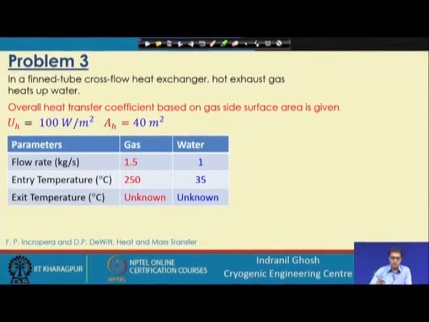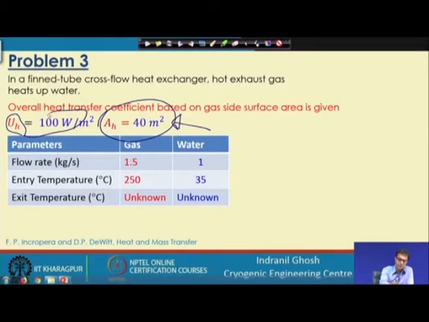According to that design calculation we estimated the area to be 39.1 or 39.7, so we manufactured a cross flow heat exchanger of area 40 meter square, and the overall heat transfer coefficient is still around 100 watt per meter square Kelvin.